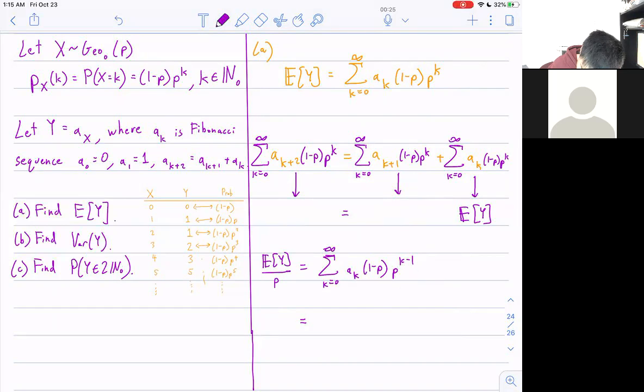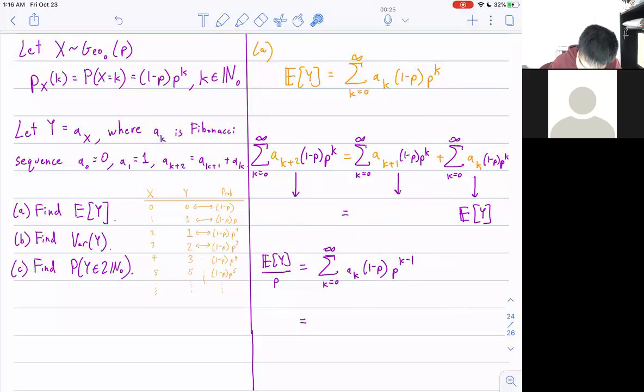we have to realize that, well, let's think about this. When k equals 0, we have a (1 minus p) times p to the negative 1 power out here. That's something we don't want, right? But a_0 just equals 0. So that term just disappears, so we don't have to care about that.